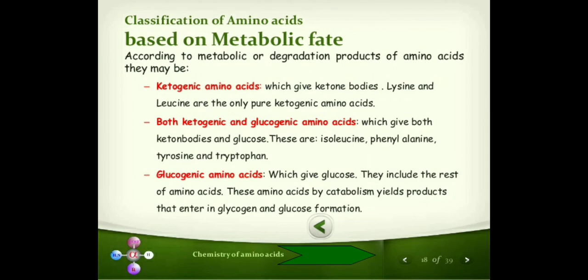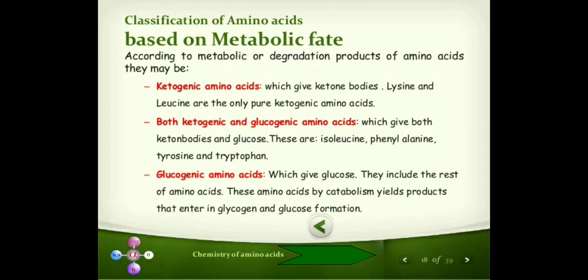And the final classification is based on the metabolic fate, meaning when any amino acid is degraded or metabolized, its end product can be ketone bodies, its end product can be glucose, or it can be both, a mixed form, ketogenic and glucogenic.